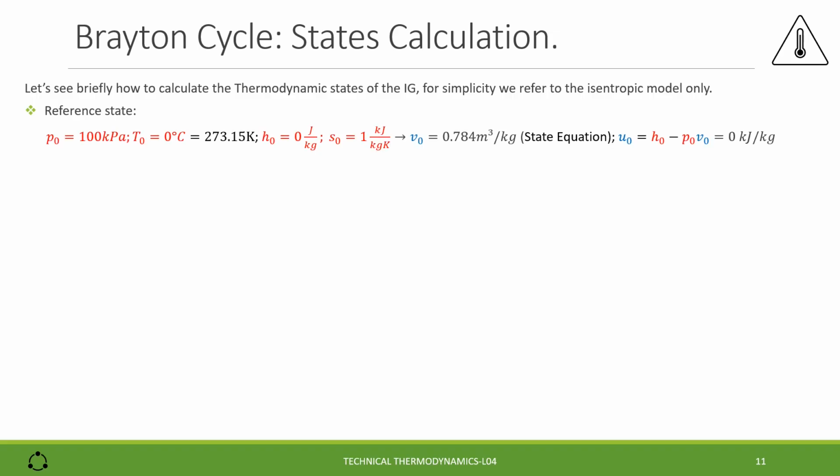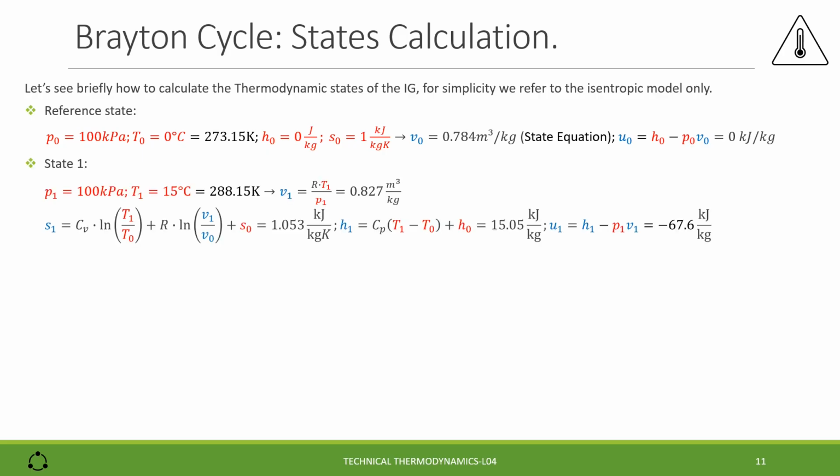We choose for the pressure 100 kPa, temperature 0 degrees, enthalpy 0 Joule per kilogram and entropy 1 kJ per kilogram per Kelvin. The volume can be calculated by using the state equation, as well as the internal energy by using its definition: enthalpy minus product between pressure and volume.